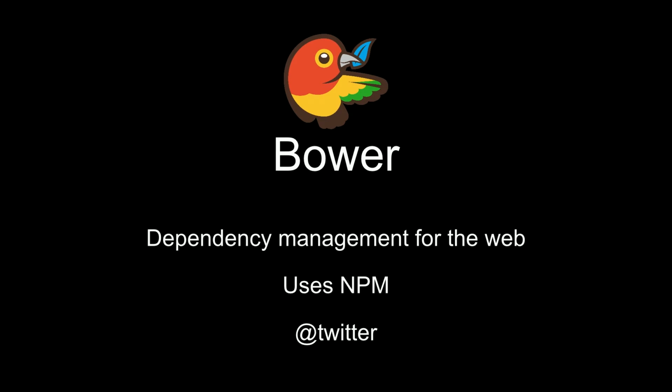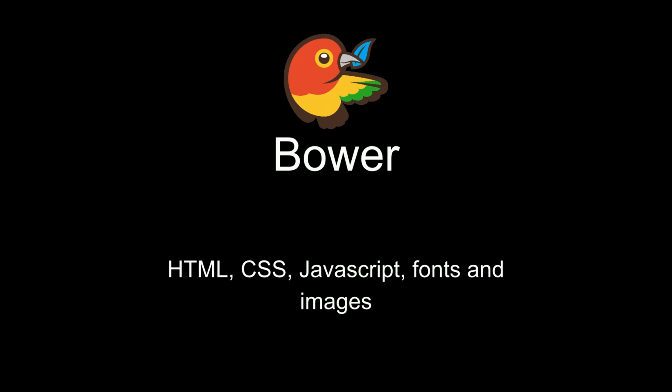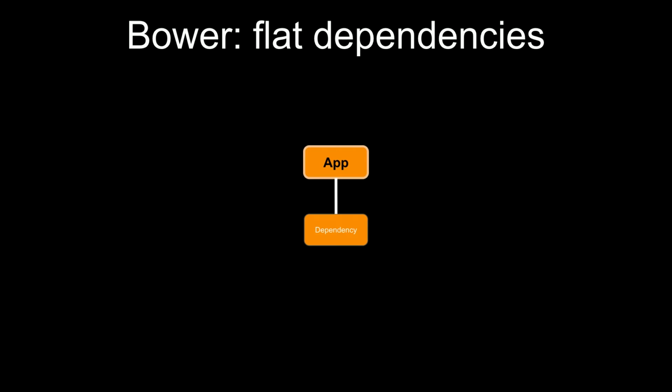Definitely. So Bower uses NPM as its storage. This was introduced by Twitter, 2012, we heard. So Bower, for your HTML, CSS, JavaScript fonts, and for such dependencies, the stuff that goes over the line. Bower uses flat dependencies, meaning you express dependency to one library.